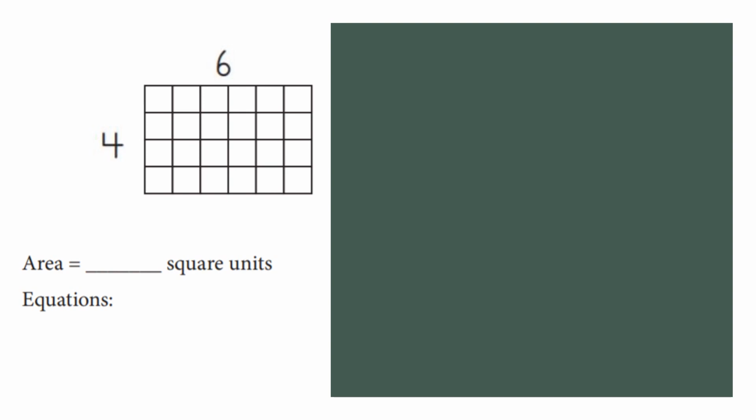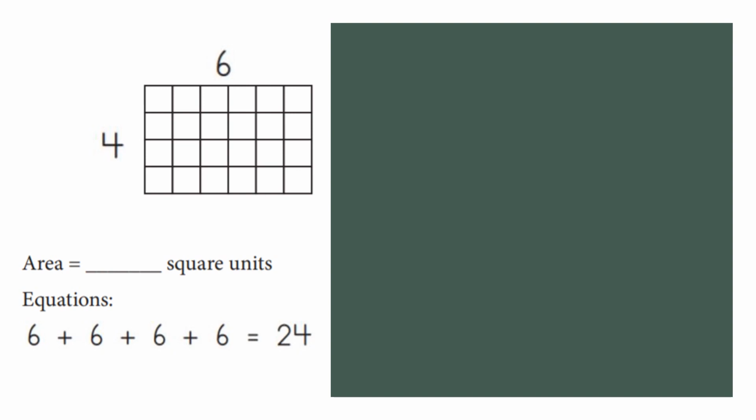So, did you count each of these square units individually? That's probably taking you a little bit of time to do. Or did you start thinking about groups of 6 because you were really paying attention to those rows of the rectangle? So maybe in your head, you started thinking about 6 plus 6 plus 6 plus 6 and how that equals 24.